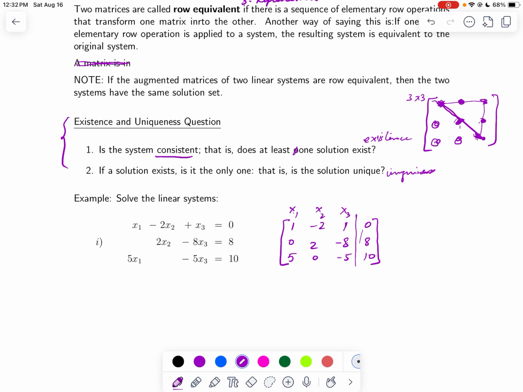In a 4 by 4 matrix, let's see how many. So we have 16 entries. And the main diagonal will be this. So all the entries below this must be 0, which means this is 0.